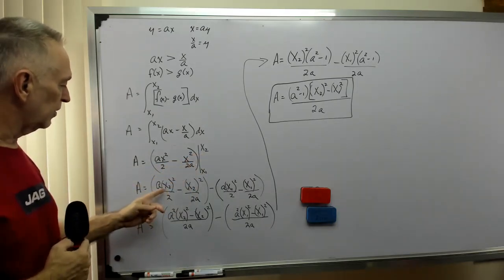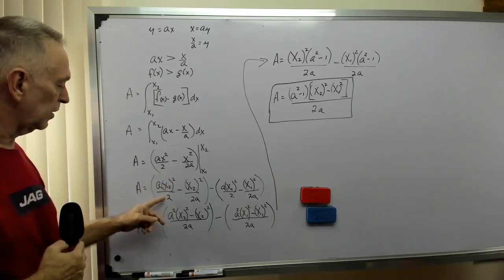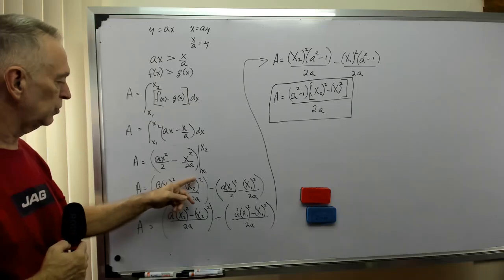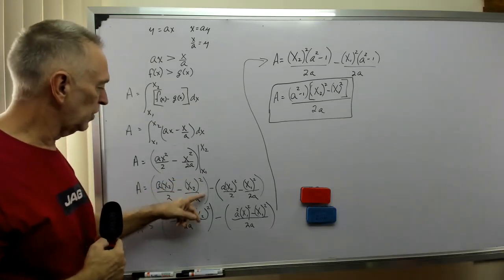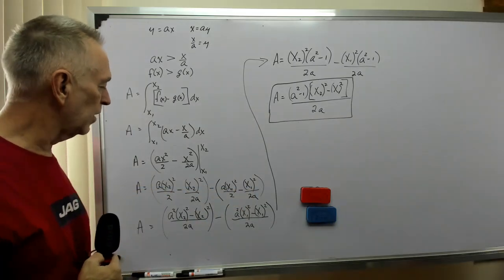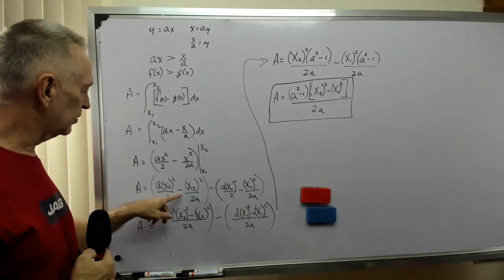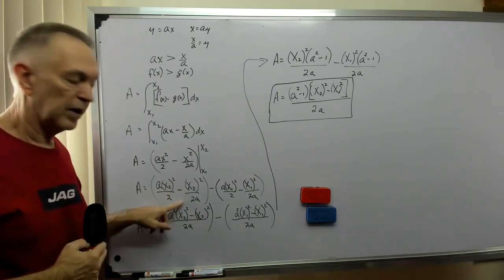Plugging in those values, we have a times x sub 2 squared over 2 minus x sub 2 squared over 2a, and then the same plugging in x sub 1. If I'm trying to subtract these, I need a common denominator.